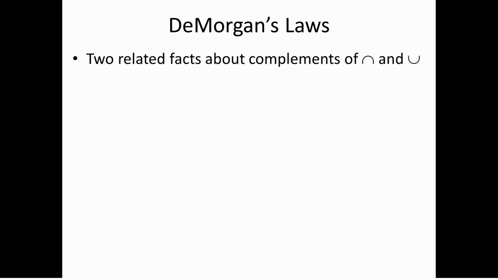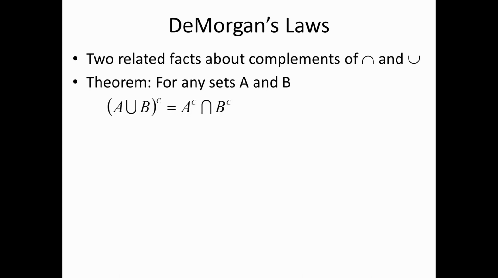There's one thing that's very important, and this is called De Morgan's law. This is a relationship about unions, intersections and complements. What it says is the following. For any 2 sets A and B, if I take the complement of their union, it's the intersection of their complements.